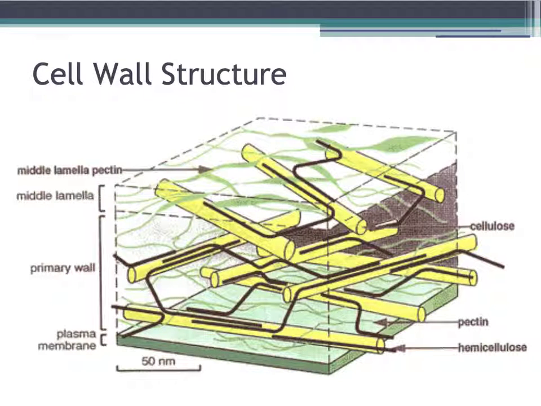Here's a quick snapshot of what that cell wall is going to look like. Again, it's very hard with the microscopes that we have to distinguish the separation between the cell wall and the cell membrane.